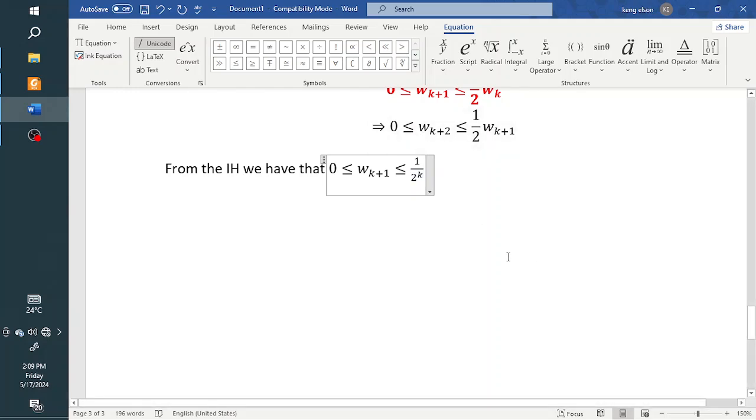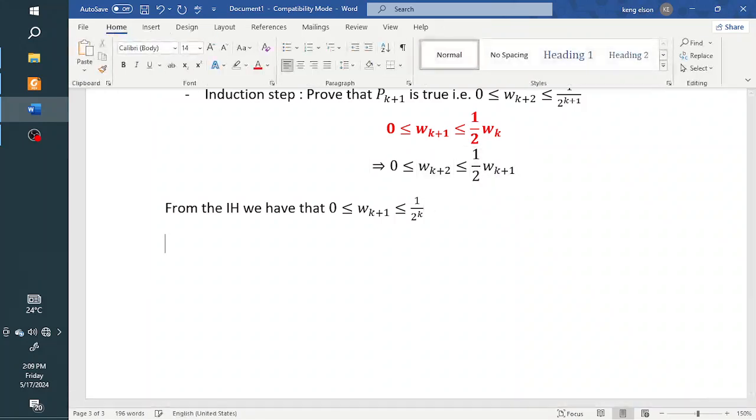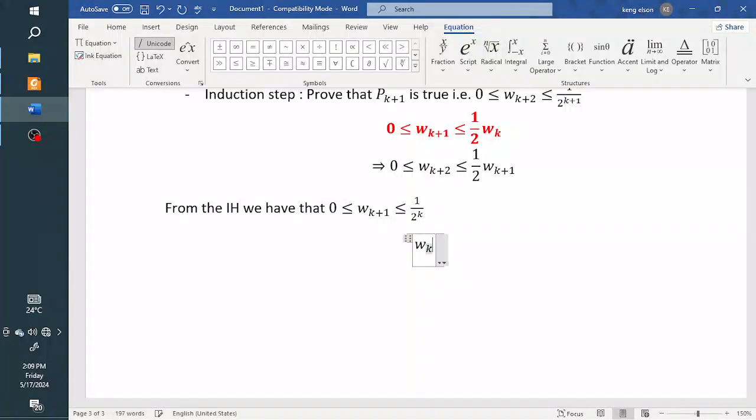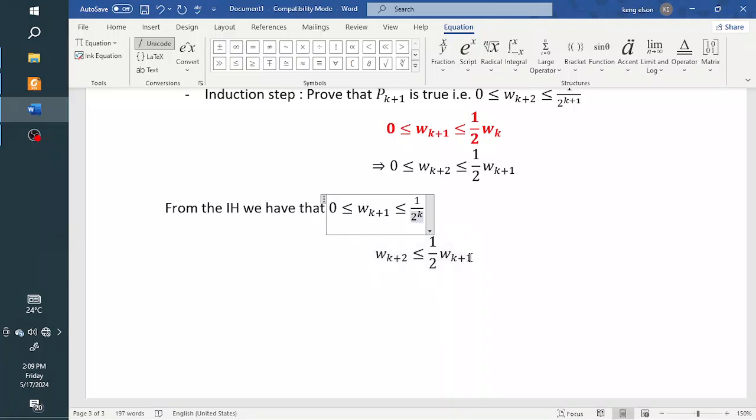Now my w_{k+2} is less than half w_{k+1}. So you see, w_{k+2} is less than or equal to half w_{k+1}, and this very w_{k+1} is also less than 1 over 2 to the k.